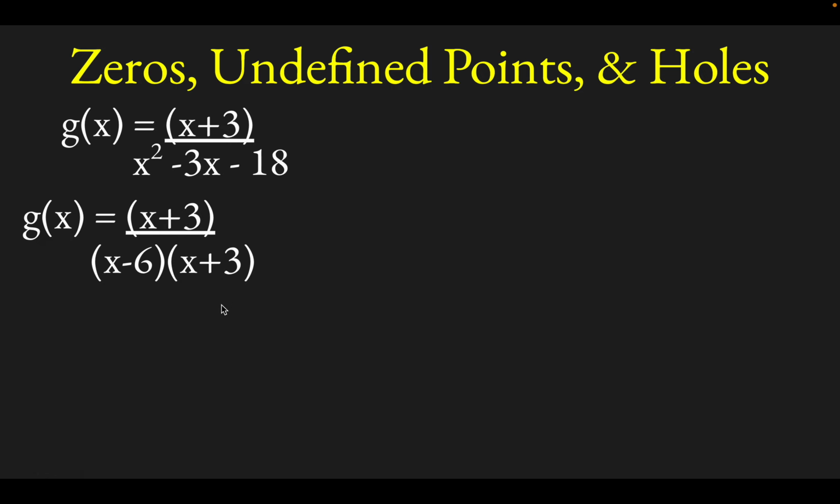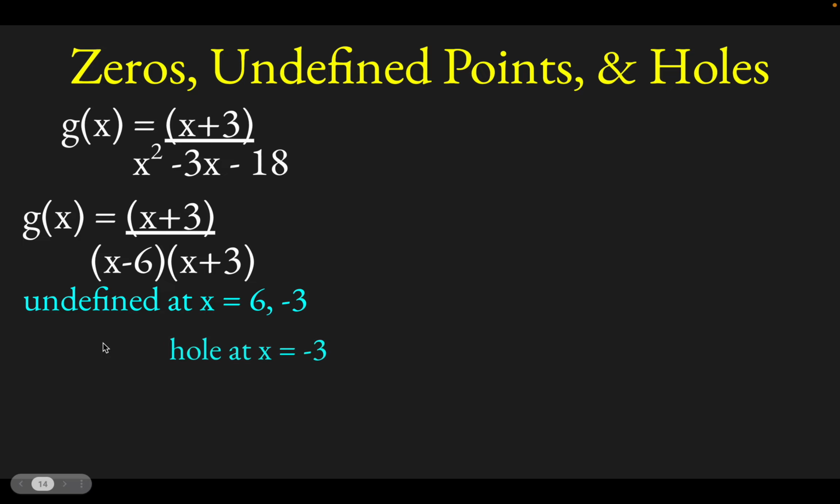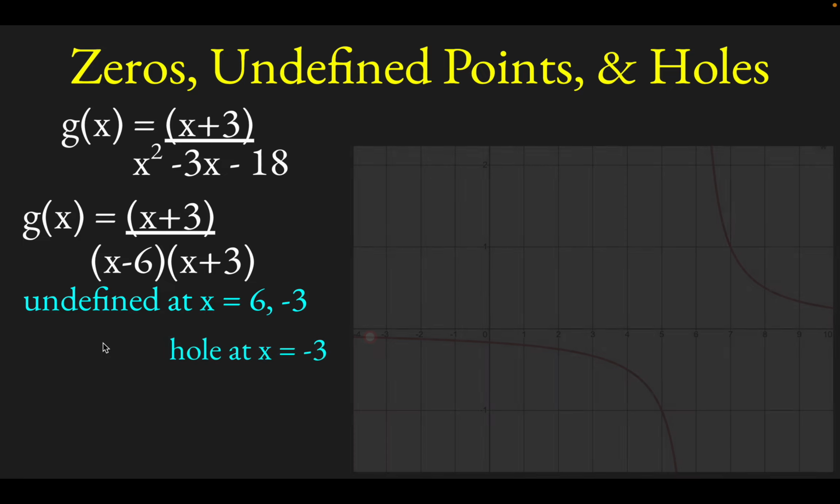So there's going to be a hole at x equals negative 3, at the point where the function is undefined at x equals negative 3. It is also going to be undefined at x equals 6, but it won't be a hole. It's going to be a place where the function blows up to plus and minus infinity, and then like I mentioned, you'll have this hole at negative 3.